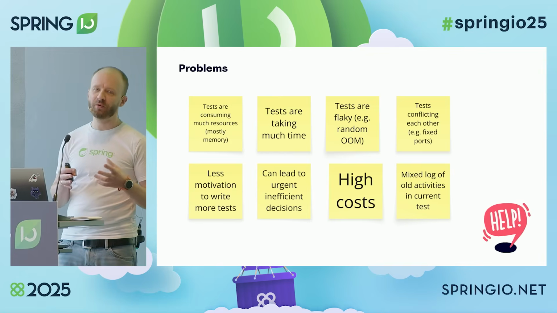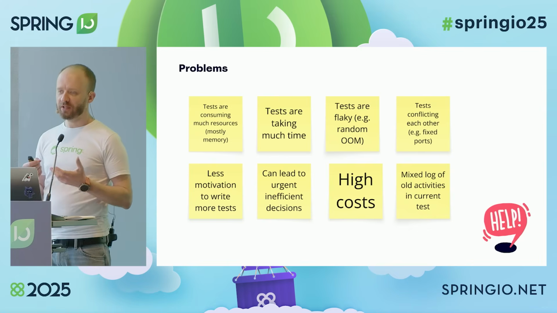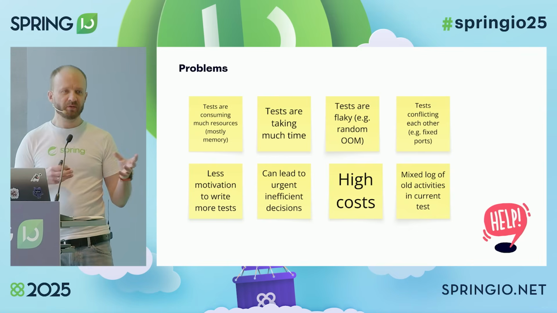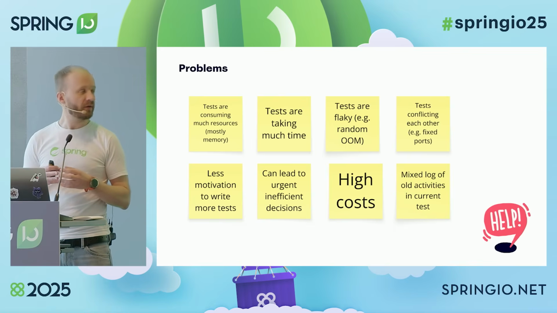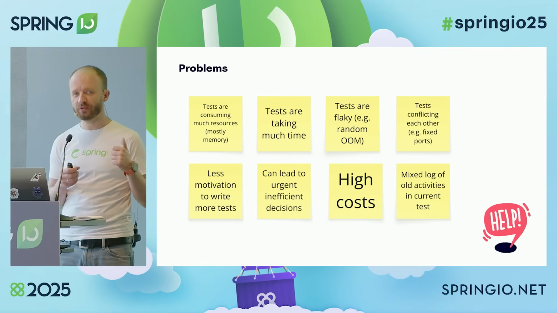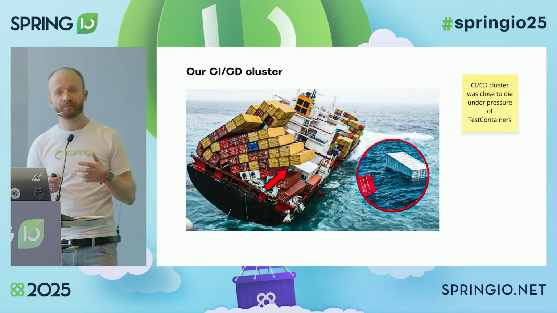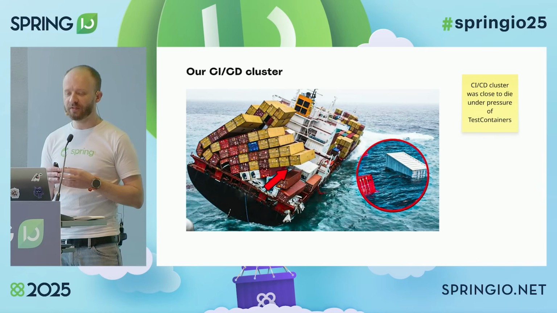It became a popular excuse for some engineers not to write integration tests, and we had to do something about it. Also, one of the negative side effects was the pretty high cost of supporting this test infrastructure. So we needed to find some holistic and simple solution.